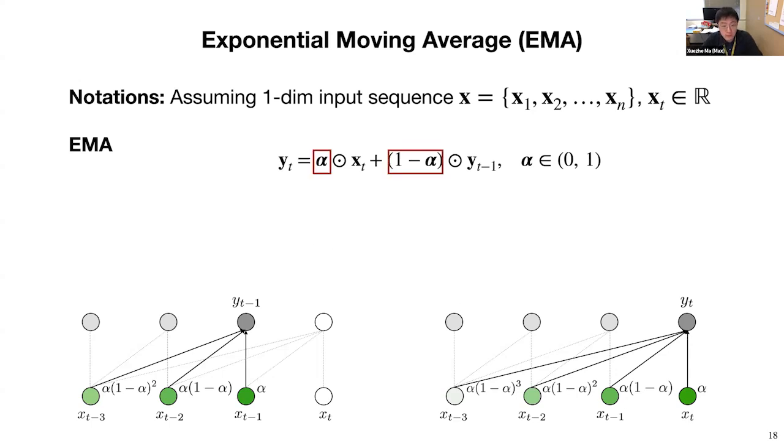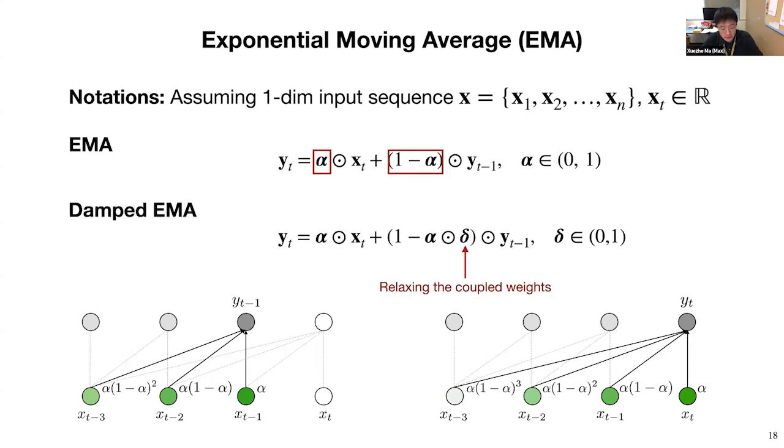In practice, we found the constraint on the weights in EMA is too restrictive. EMA requires the weights to sum to 1. But we can introduce another damping factor, delta, to relax this constraint. For example, here we just add a delta.